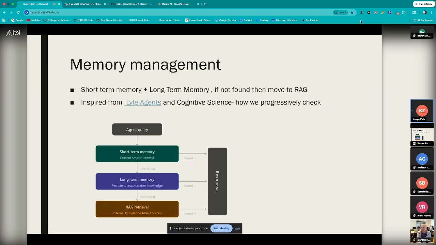This architecture is derived from the life agents paper, and also cognitive science, like how we think progressively. First, we look into the short-term memory, then the long-term memory if not found in the short-term memory, and then we search across websites or previous contexts.